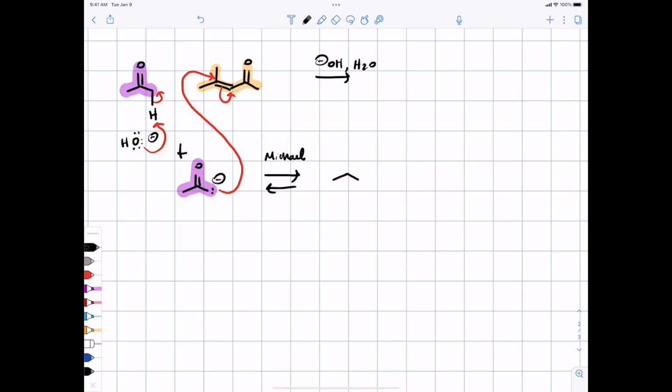This is one step at which you might be asking, why doesn't this ketone simply do the self-aldol reaction? And I'm going to tell you it probably does, and that's where we get this from.